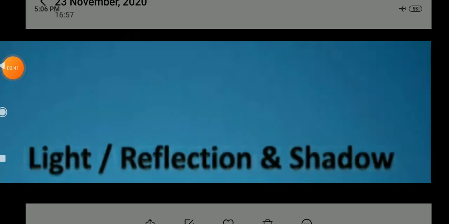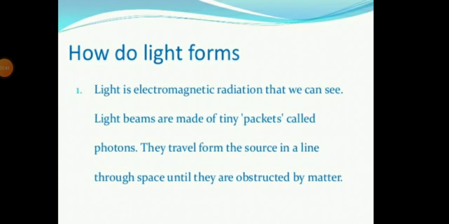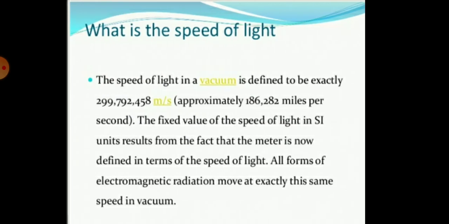So children, how does light form? Light is electromagnetic radiation that we can see, and light beams are made of tiny packets called photons. They travel from the source in a line through space until they are obstructed by matter. And what is the speed of light?